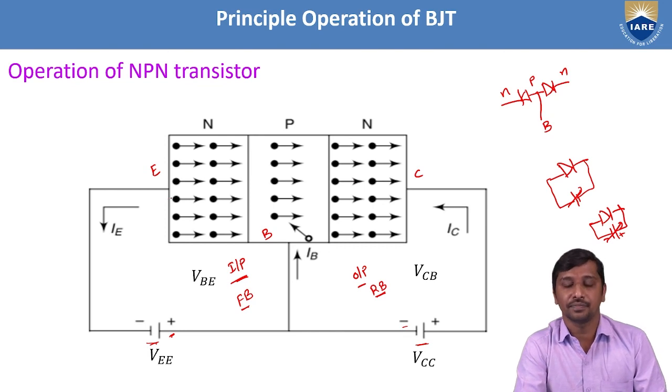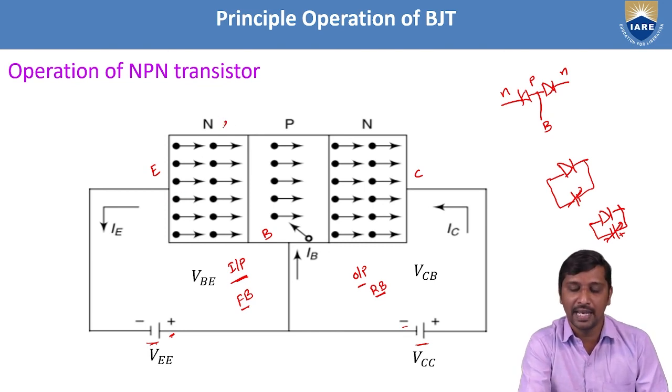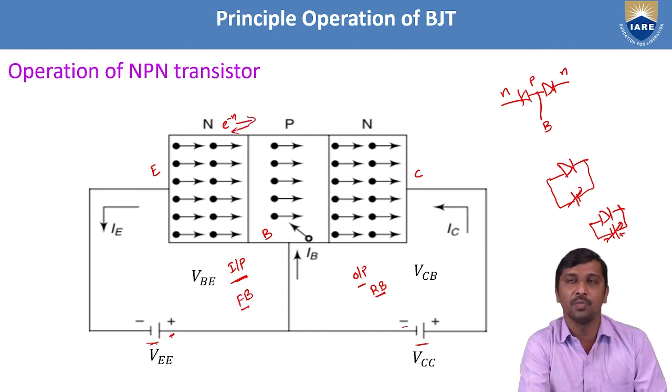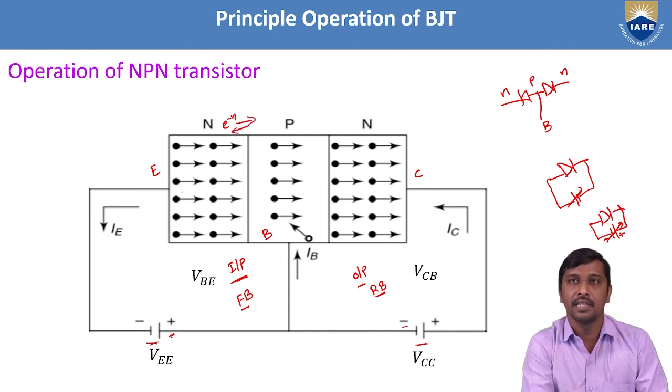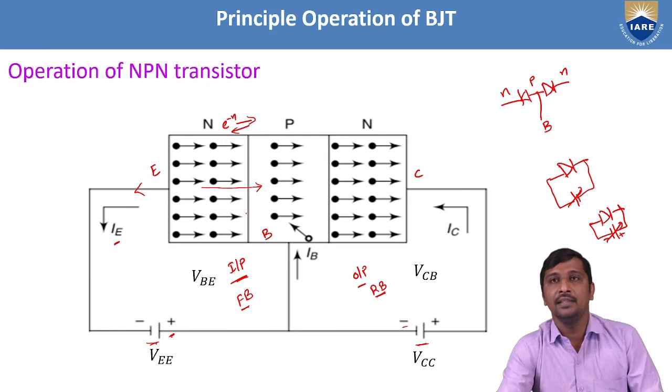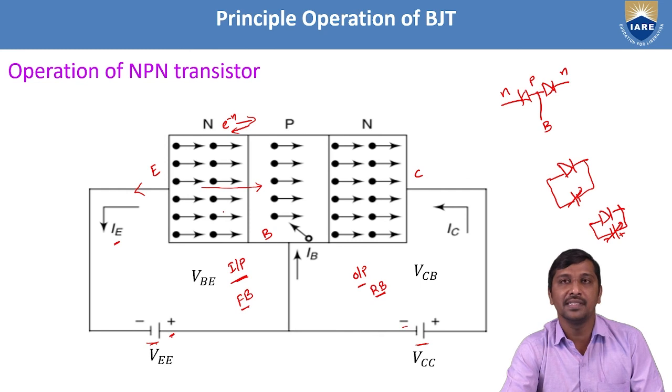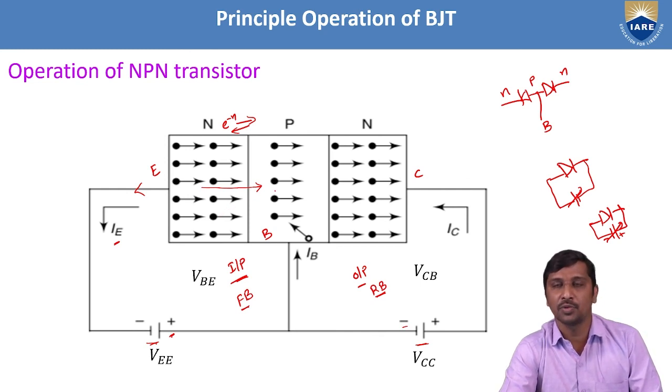We know that the electron travels like this and the conventional current flow direction is opposite. Here, the electrons are diffusing towards the base, hence the current flows in the opposite direction, and I represented the current flow direction like this. Whenever the charge carriers are emitted from the emitter, they travel towards the collector through the base.